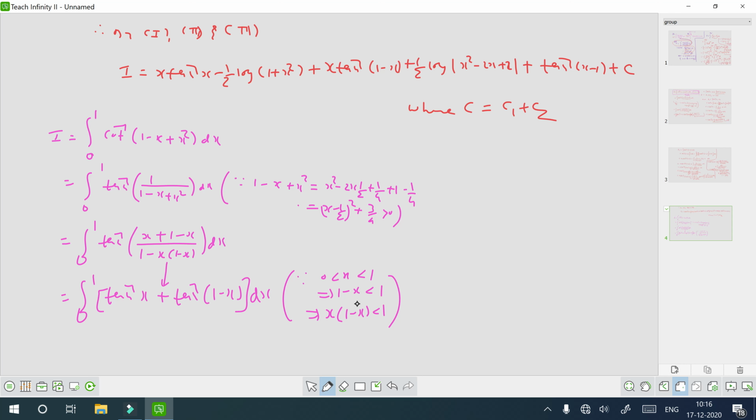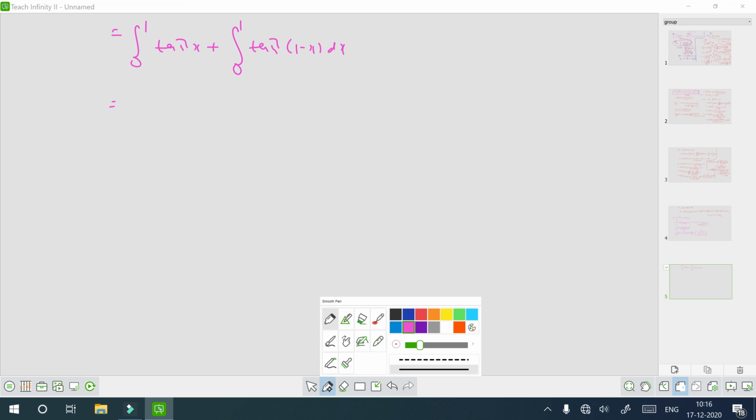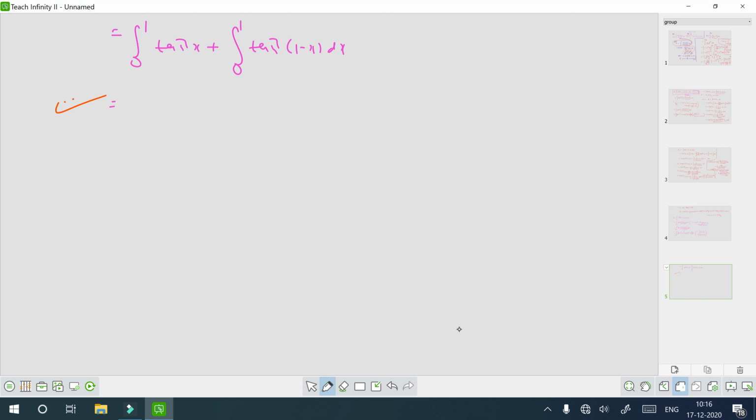Now separate it. That is equal to 0 to 1 tan inverse x plus 0 to 1 tan inverse 1 minus x dx. Now see here. Next step is an important step. This step is very, very important. Put the first one as it is. Now apply the result here.